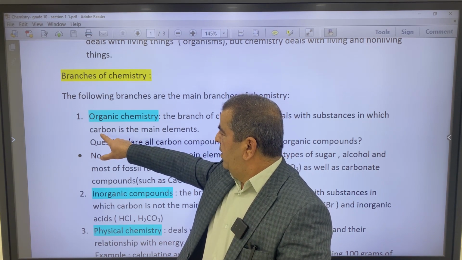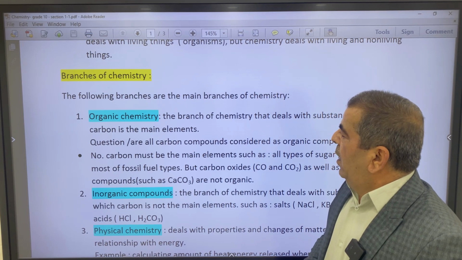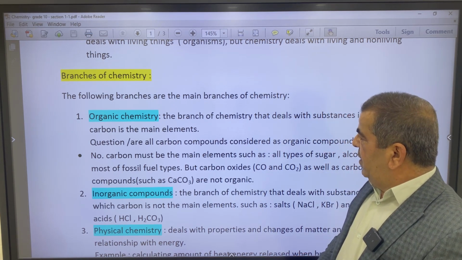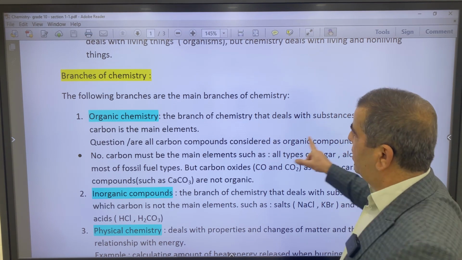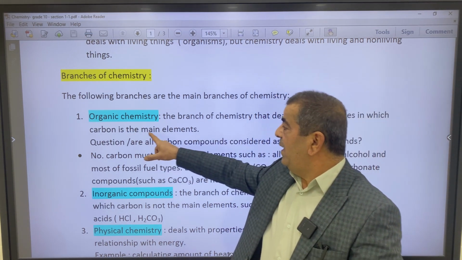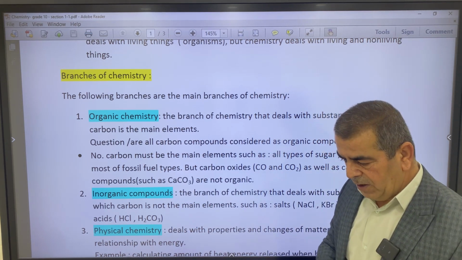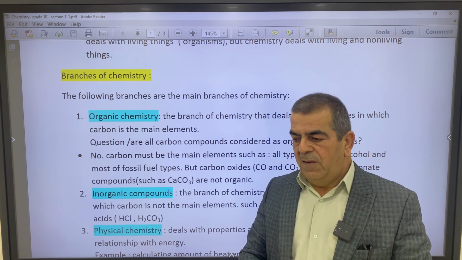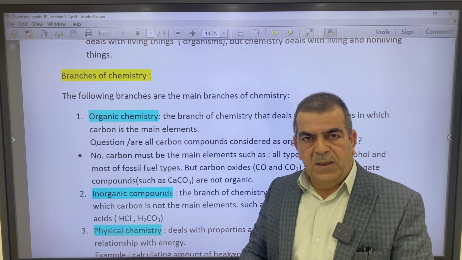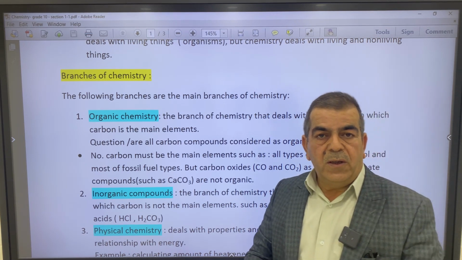The main element in organic compounds is carbon. So organic chemistry is the branch of chemistry that deals with substances in which carbon is the main element, such as what? We have, for example, alcohols, all types of sugar, and proteins. These are all organic compounds.